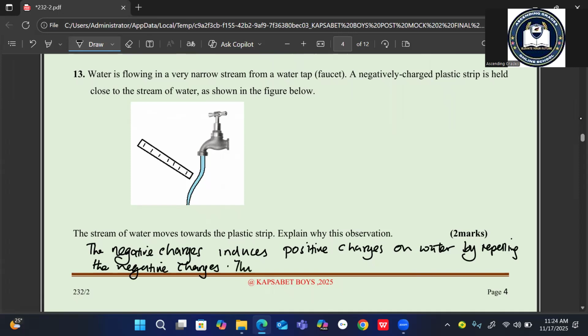This causes the stream to be attracted toward the rod.